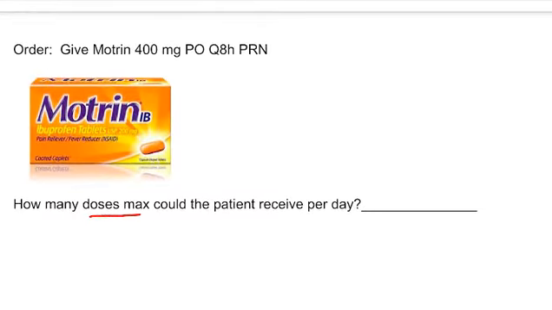Okay, how many doses max could the patient receive per day? Okay, so this is a little bit of a tricky one. I want to keep track of this a little bit. So this medication is given PRN, which as you know means whenever necessary. Give it for pain or fever, whatever the reason is, whenever we need to give it. So if it's saying doses max, because sometimes we can only give a certain amount of medication total per day.